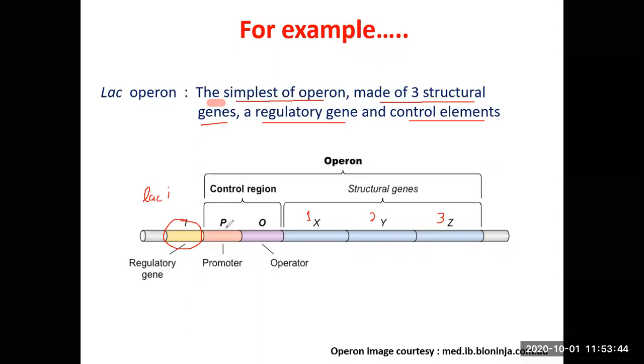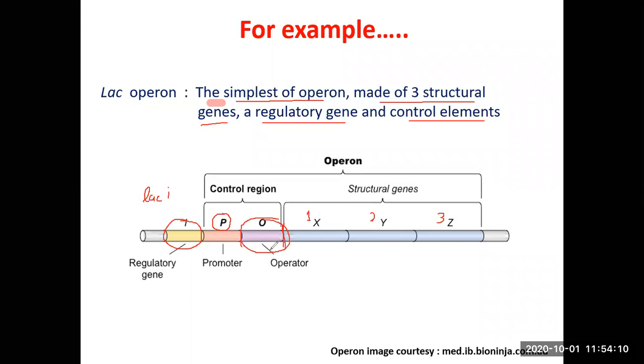In the control elements, this is the very familiar promoter. Promoter is the site where RNA polymerase comes and binds, and it has characteristic features also, the -10 and -35 consensus sequences which are recognized by the RNA polymerase. Between the promoter and the first nucleotide to be transcribed, you have the operator region. O stands for operator.